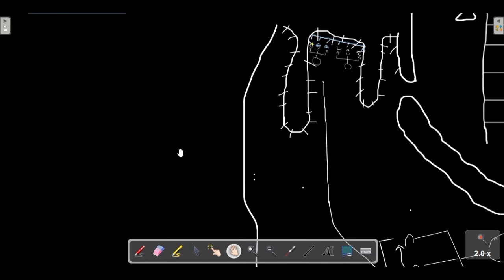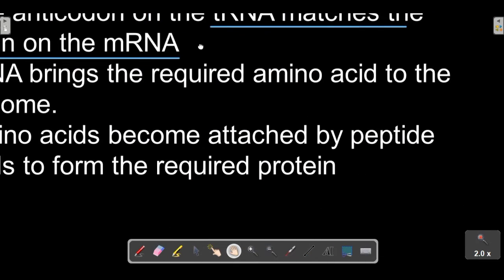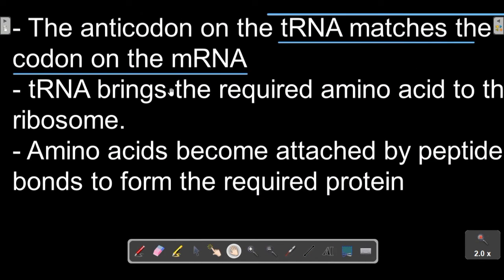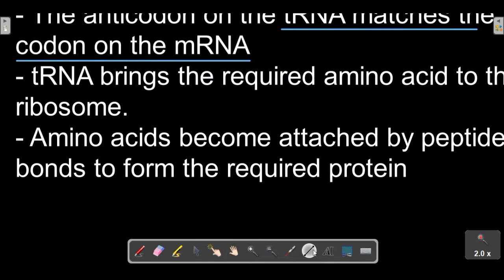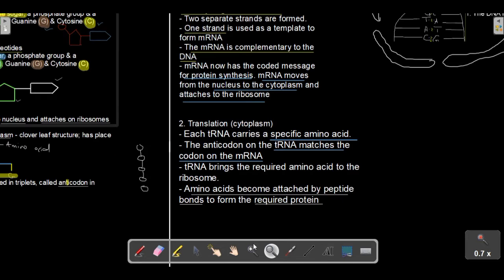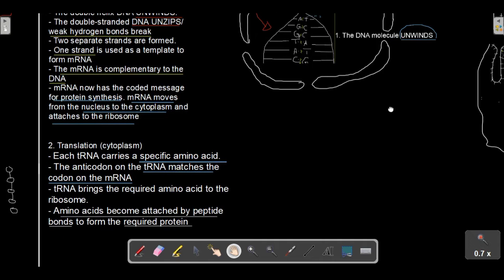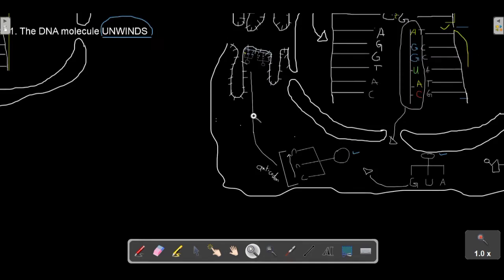And so what happens after the matching? The tRNA brings the required amino acid to the ribosome, of course, and then the amino acids become attached by peptide bonds to form the required protein. So I like the second stage, it's really short.